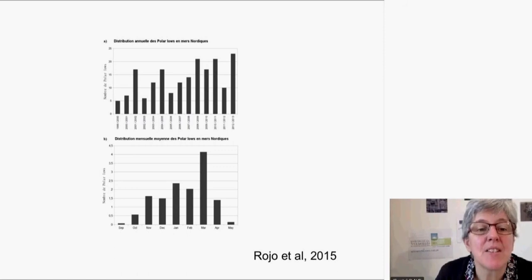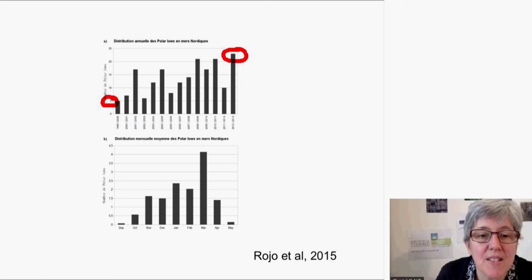And we see that it can be very different depending on the years. Some years you only have 5 polar lows, while for some other winters you can have 22 or 23 polar lows, with a lot of variation. This is what we call a large interannual variability. This means that some winters can be very active, some others not as active.